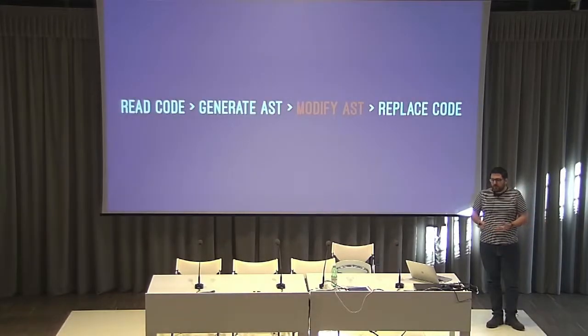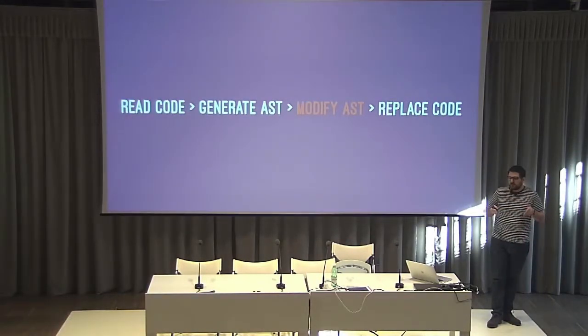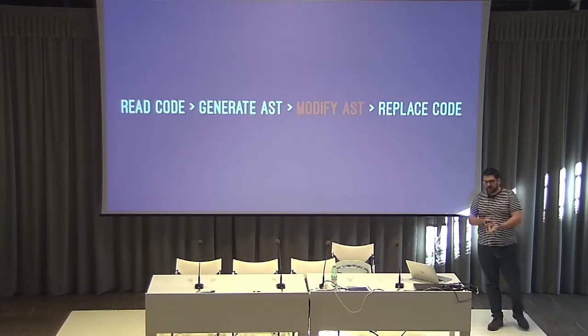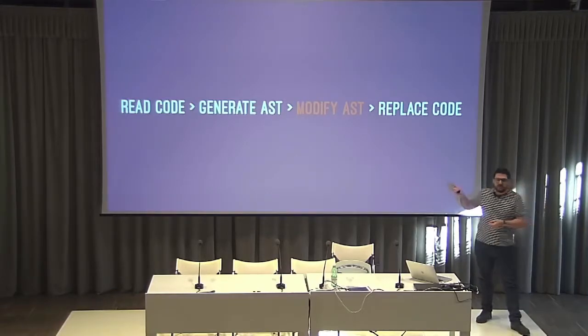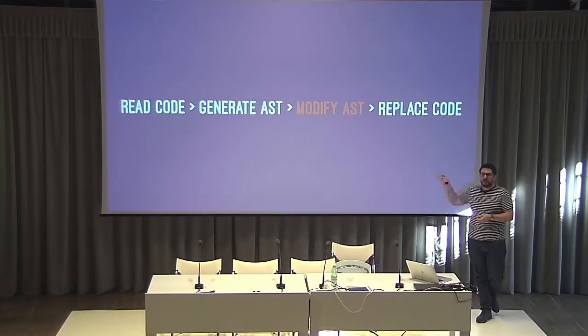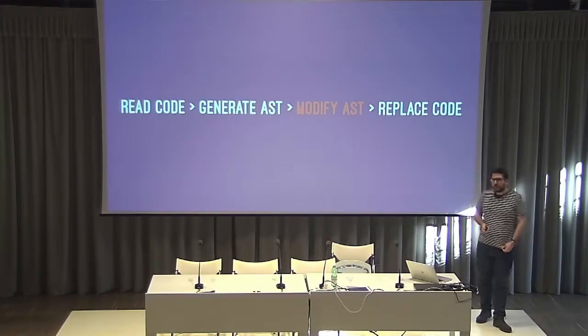So at the end of the day, when you want to do that parse, it's just 4 steps: read the code, generate the abstract syntax tree, modify the abstract syntax tree, and replace the code. And the main part you need to focus on is modifying the abstract syntax tree, because all of the rest is provided by the standard library, which is very nice.